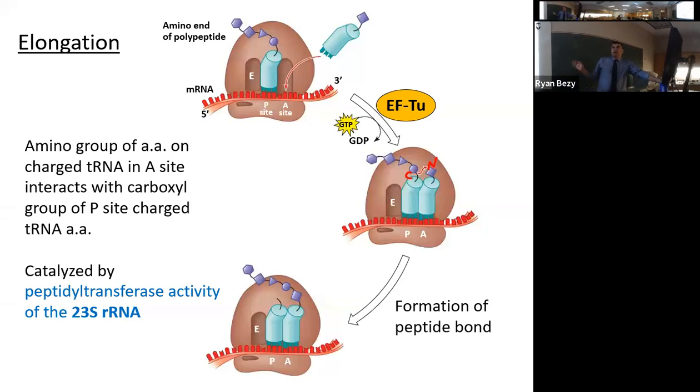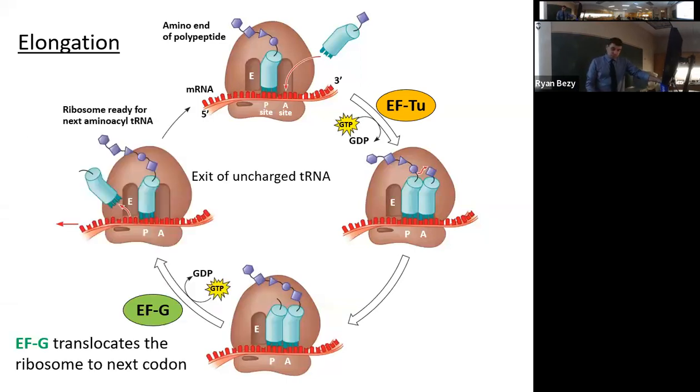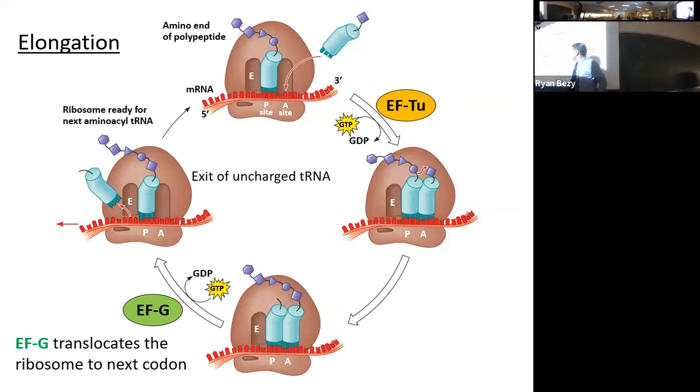This is going to trigger translocation. Another elongation factor called EF-G is going to come in. It's going to spend another GTP molecule as a source of free energy, and it causes the ribosome to slide over 3 base pairs, 3 nucleotide positions.